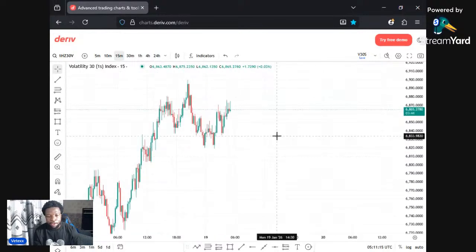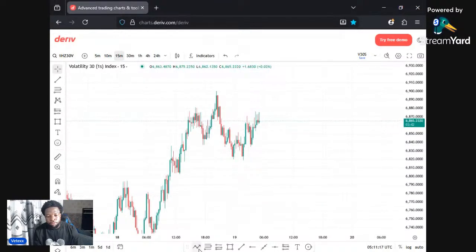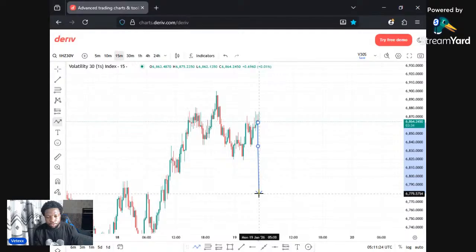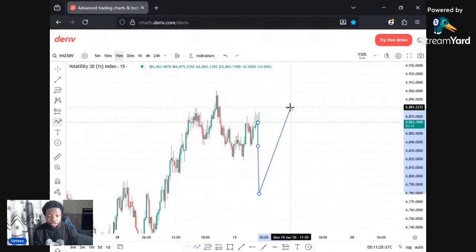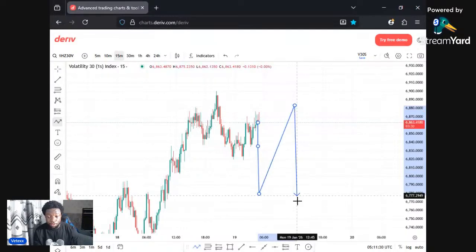Okay, as you can see this clearly, if price breaks this structure, this is the 50 minutes time frame. Anticipating this to happen, something like this, then wait for price to come into this POI and sell off.